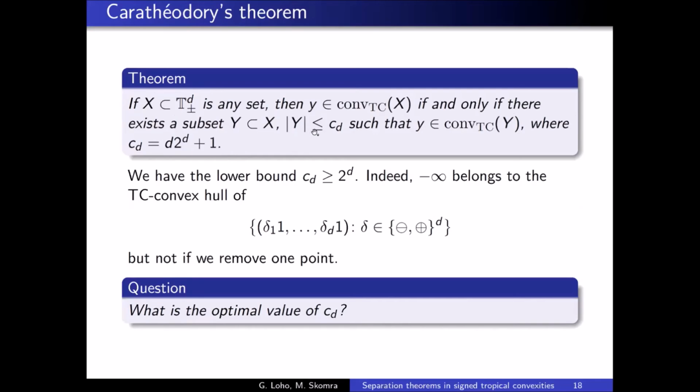We are able to show this with a Carathéodory constant of the following form: C_D is equal to 2 to the power D times (D plus 1). This is much higher than for the usual convexity, where you have D plus 1.